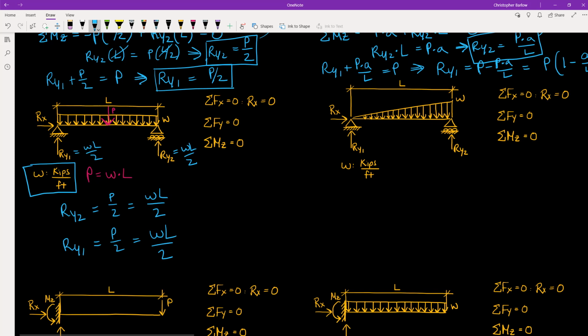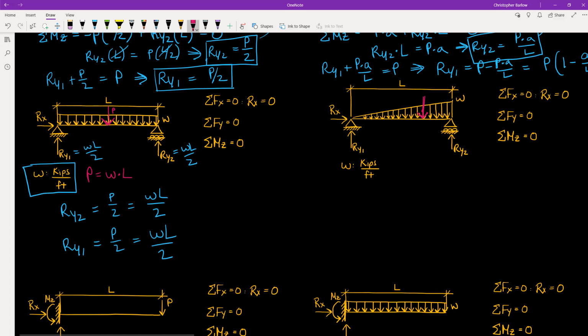Next we have a distributed load, but this one is not uniform. It is a triangular distributed load. As in the previous problem, we will find an equivalent point load at the centroid of the shape of this distributed load.